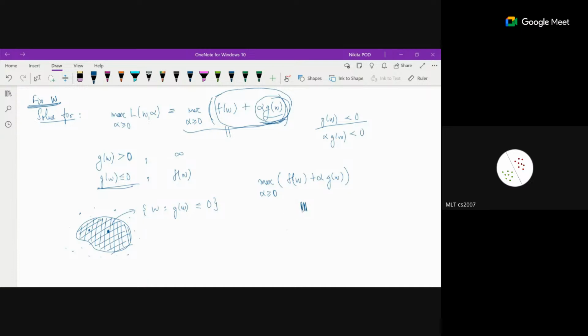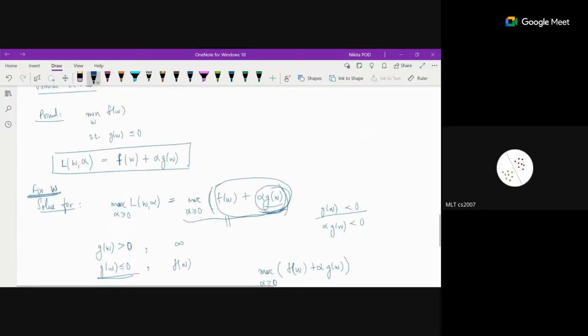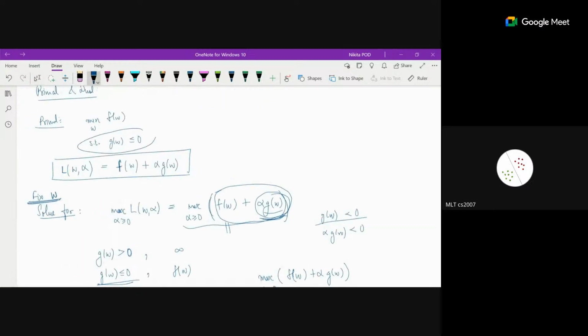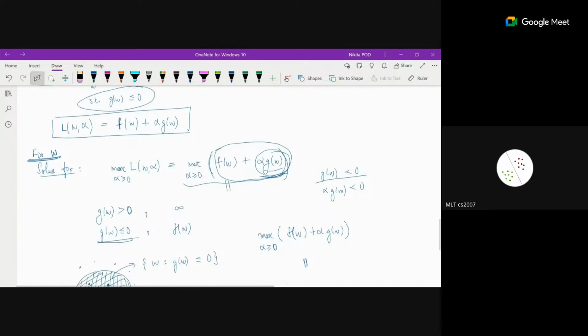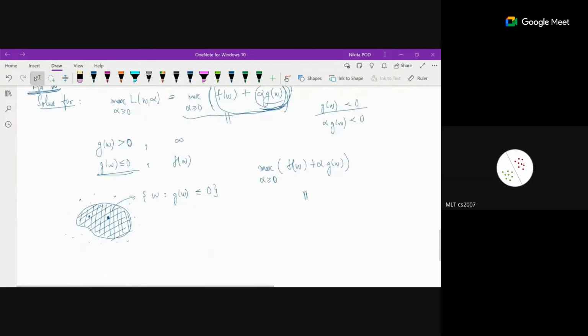So for this particular constraint, where g of w is less than or equal to 0, this turned out to be f of w, right?